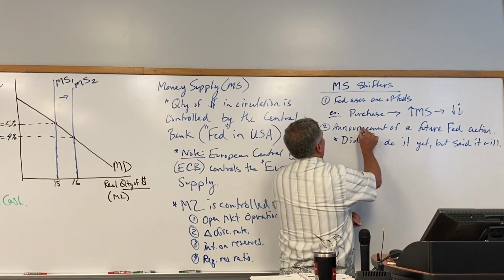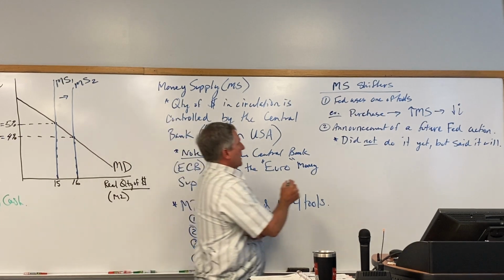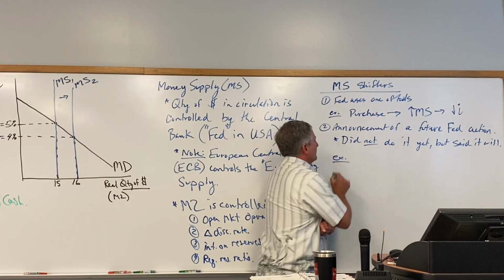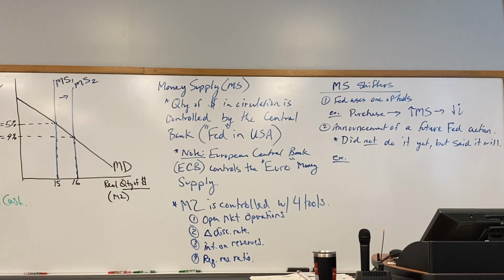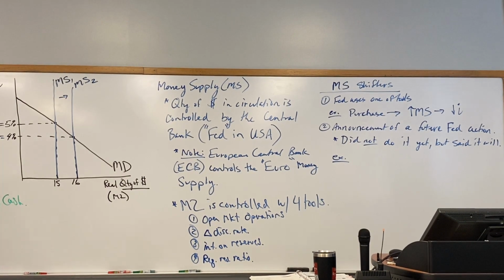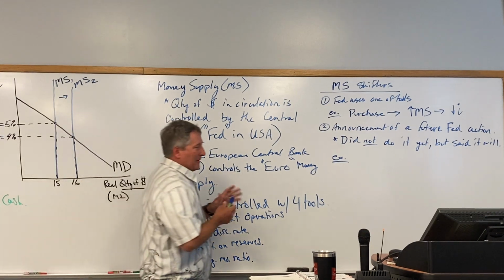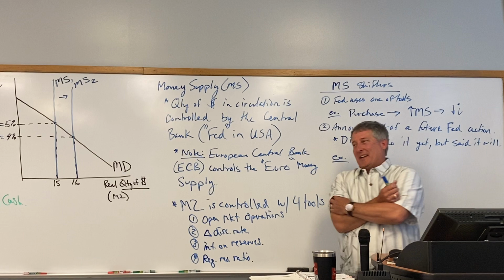All right, so example. What is the relationship? Yeah. Did it ever happen the Fed said it's going to do something but never did it? That's a great question, and that's probably the only way they could have some effective policy, is to lie to us.